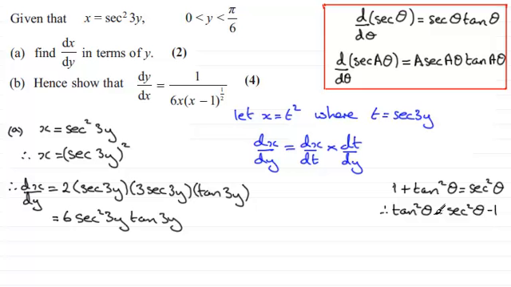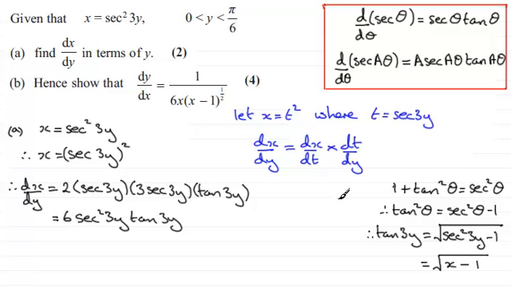So if we apply that to what we've got here, tan of 3y, replacing the theta with 3y and square rooting both sides, tan of 3y would be equal to the square root of sec squared 3y minus 1. But we know that sec squared 3y is x, so tan of 3y must be exactly the same as the square root of x minus 1.